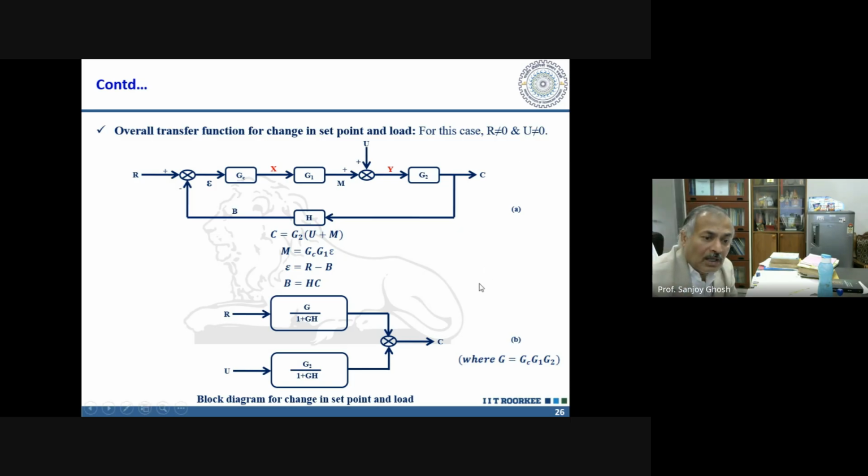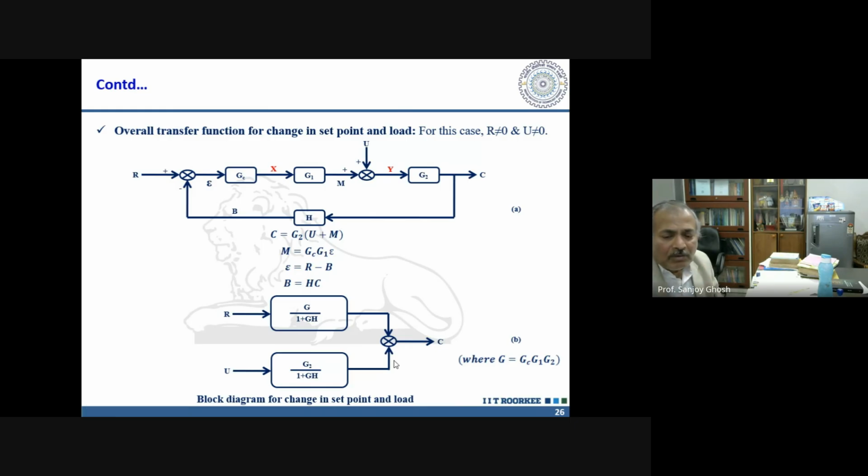So now look, the C and R relationship is G by 1 plus GH, and U is coming from the disturbance. So C is nothing but R into its transfer function that is coming to C, and then U into its transfer function that is coming to C. So both are added up.